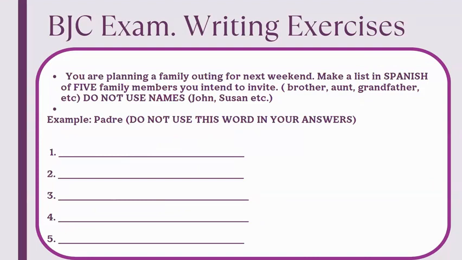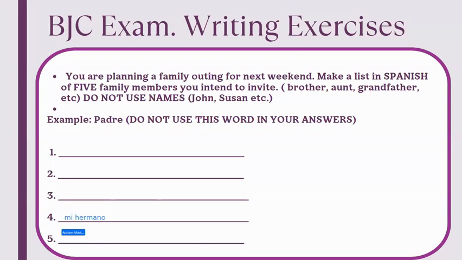It says you're planning a family outing for next weekend. Make a list in Spanish of 5 family members you intend to invite: brother, aunt, grandfather, etc. Do not use names. So you're not writing the names of people. You're actually writing the relation, meaning the family members' relation in the family.